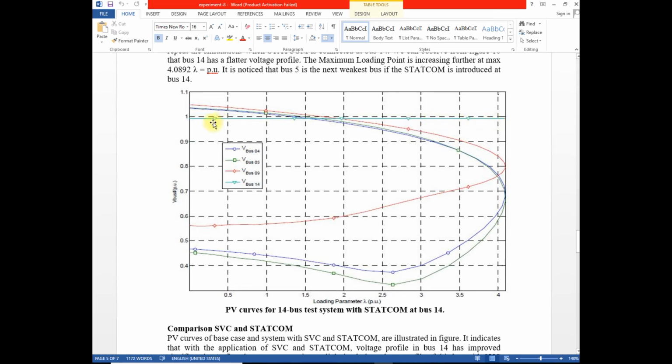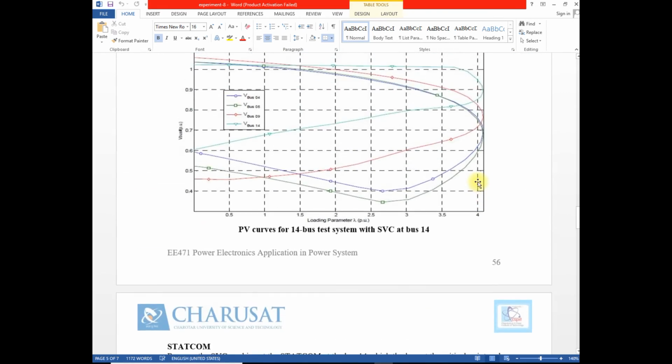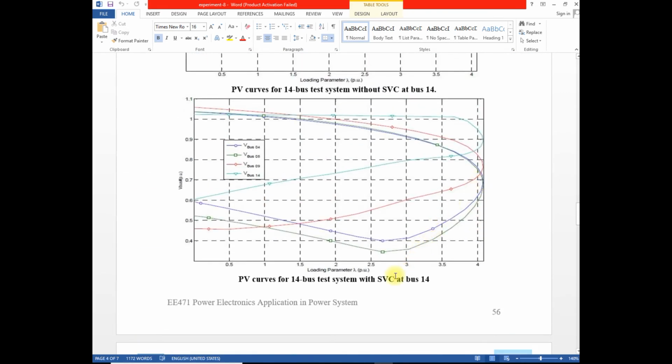Here you can see that the voltage at bus number 14 with the FACTS device remains constant even if the loading goes above 4 per unit. But in the case of the SVC at bus number 14, the voltage regulation holds up to the loading limit of 3.7 per unit.